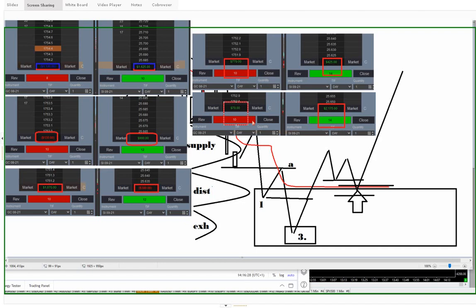So what's my net metals exposure? 0. I've got $1.7 million worth of gold, which I'm short on, and $1.7 million worth of silver, which I'm long on. I have no metals directional risk.